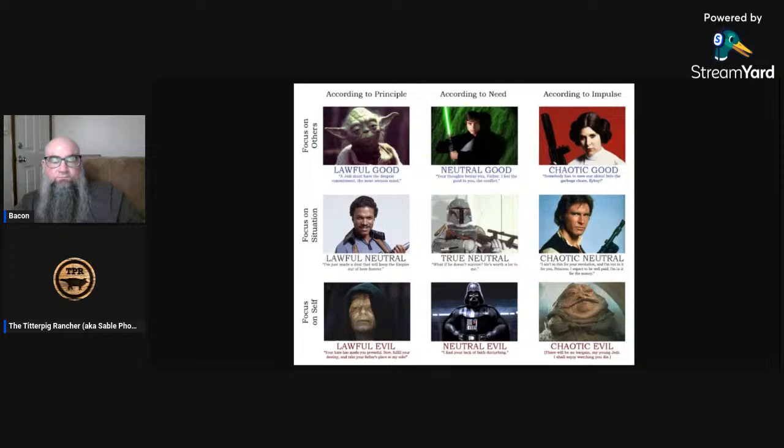I think there is a great deal of confusion and consternation over alignment charts, for sure. And I think that's definitely a weakness of the chart. But I think that having the conversation and talking it through is very beneficial in that regard, because it clears quite a bit up.